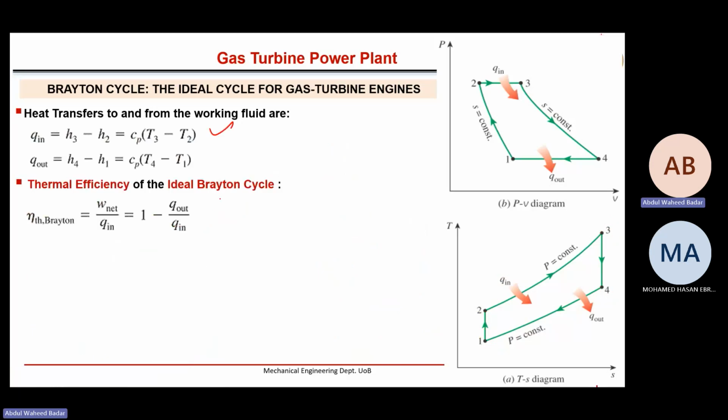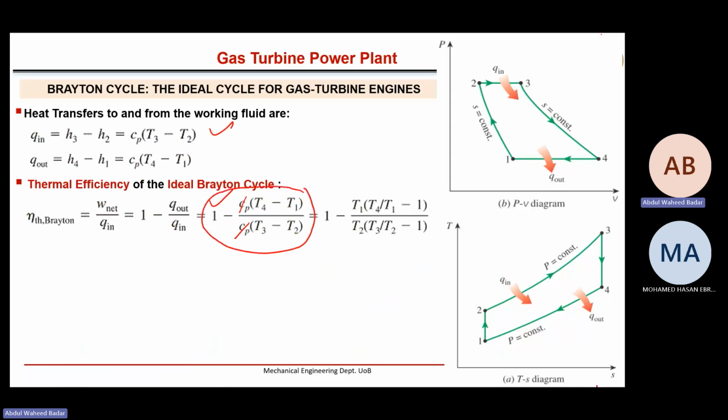Okay, this is clear. Q in, Q out. Now here Cp, if I assume constant Cp, can be cancelled. Now we have efficiency only in terms of temperatures at 4 points, 1, 2, 3, 4.